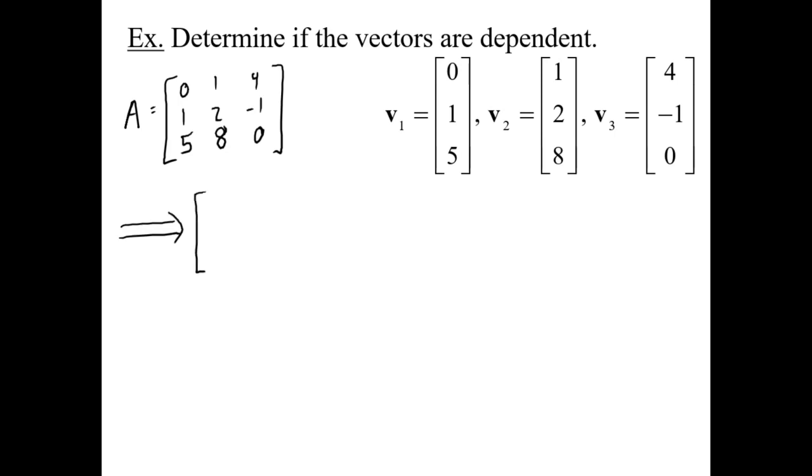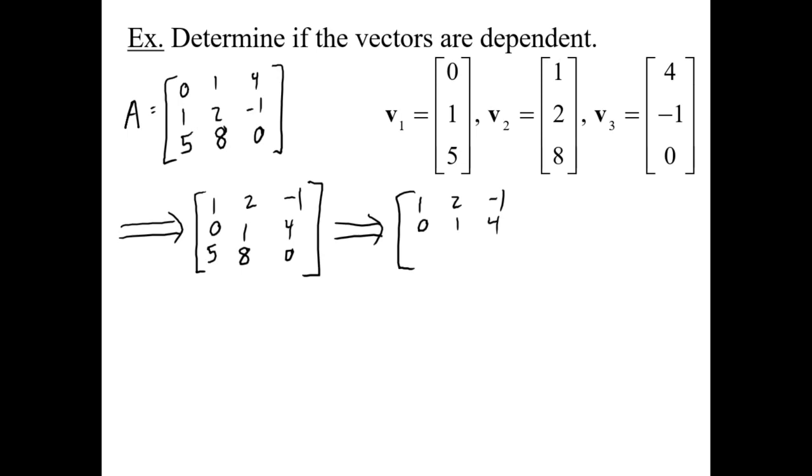I'm going to switch the first and second rows. So we get 1, 2, negative 1, 0, 1, 4, 5, 8, 0. Top row's fine. Second row's fine. I'm going to multiply the top by negative 5 and add to the bottom. So we get 0, negative 2, 5. Now multiply the middle row by 2 and add to the bottom.